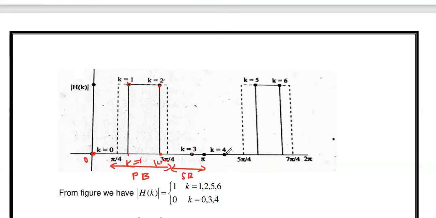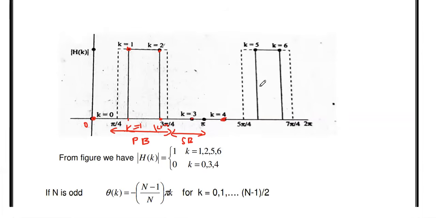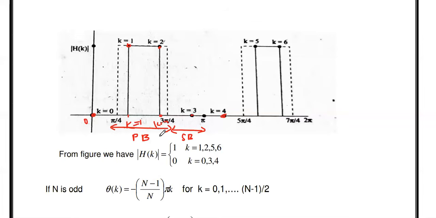So for k equal to 3 and 4, the modulus of H of k value is 0. And for k equal to 5 and k equal to 6, Hd of e power j omega takes the value 1. So modulus of H of k is equal to 1. So we have to take 7 samples, for k equal to 0 to k equal to 6.